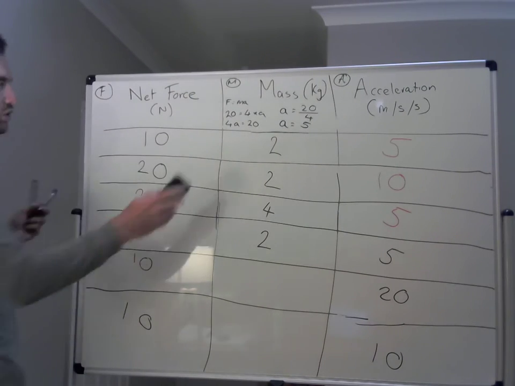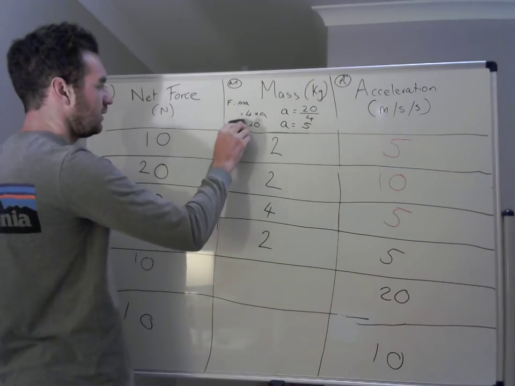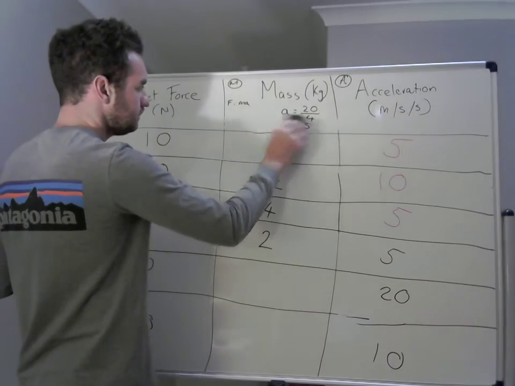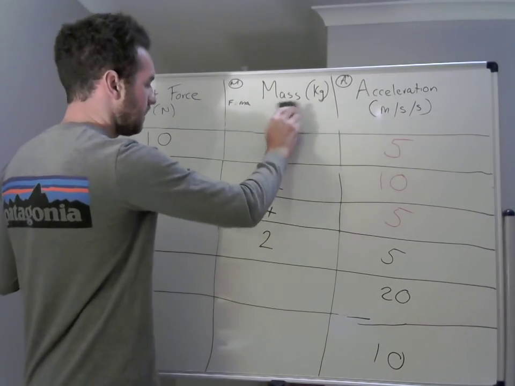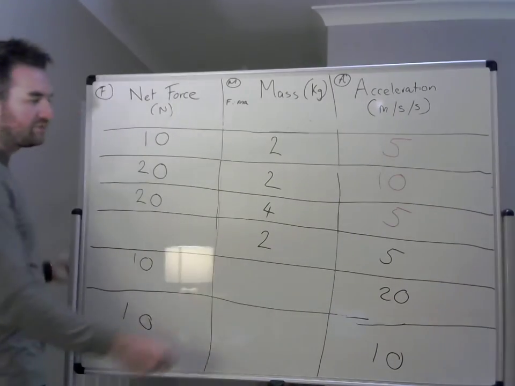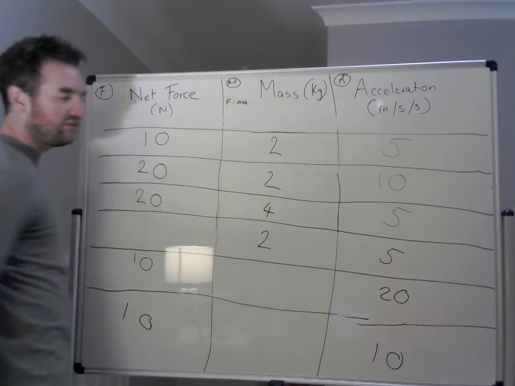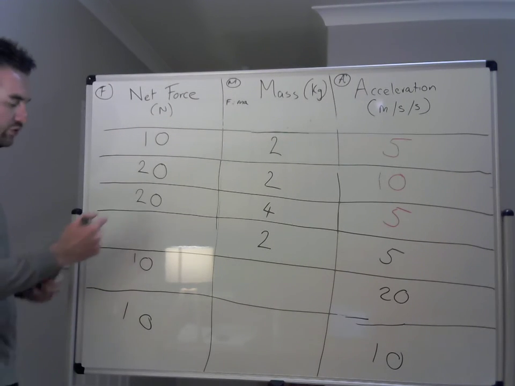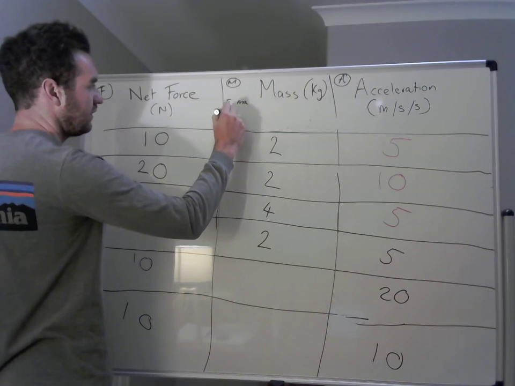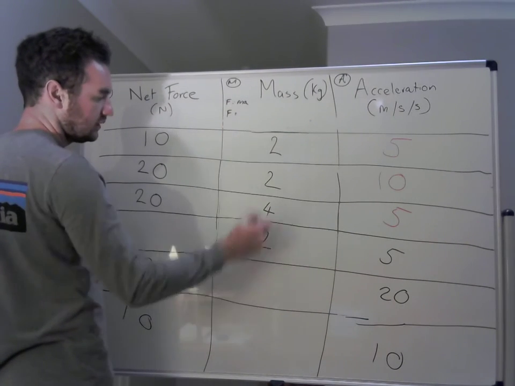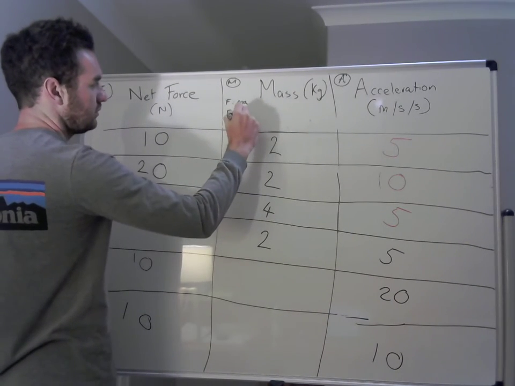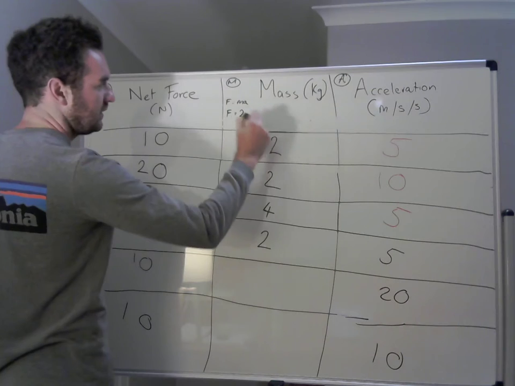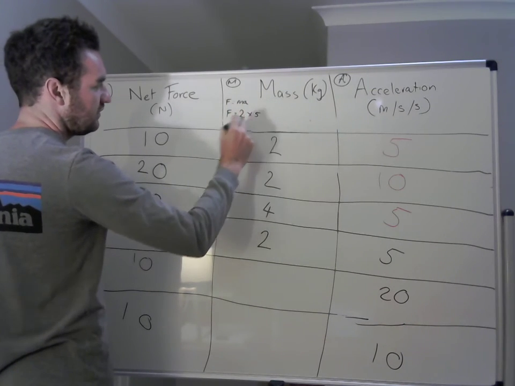Let's go here. Let's say we don't know the force of something. Let's say we have something that's 2 kilograms and we want it to go at 5 meters per second squared. Well, we don't know F, so we're going to just write F equals m, which is 2, times a, which is 5.